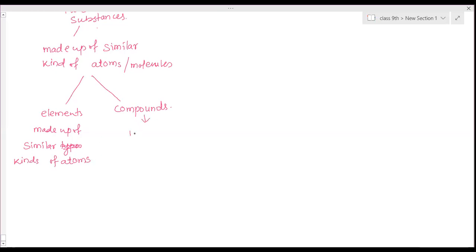Compounds are made up of similar kind of molecules, and these molecules are made from two or more different kinds of atoms combined.